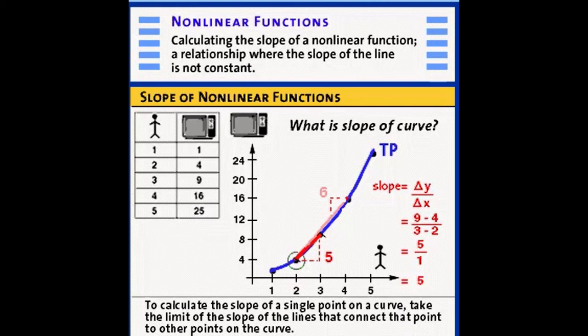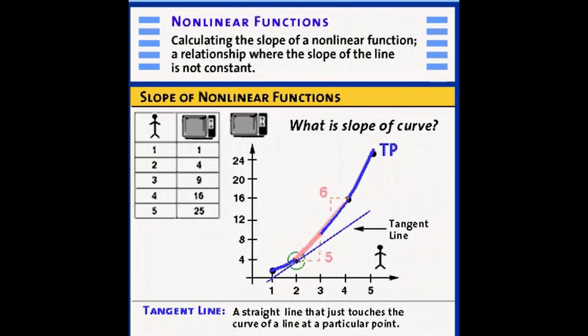Eventually what happens is if we let the point that we're looking at get closer and closer to our original point, we're eventually going to come up with a line that has a slope that is equal to the slope of the blue curve itself. Eventually what we get is what we call a tangent line. The tangent line is the line that just touches the blue curve.